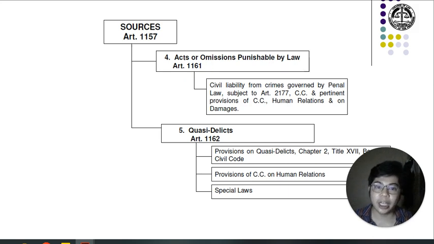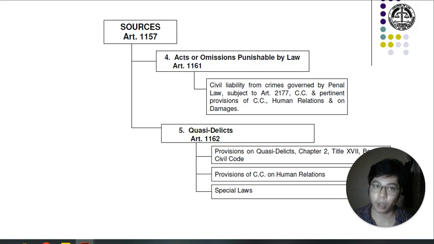Also, Articles 68 to 71 of the Family Code, the marital obligations, and also the right to support of descendants, which is also under the Family Code. Other examples are in commerce, in our business laws.